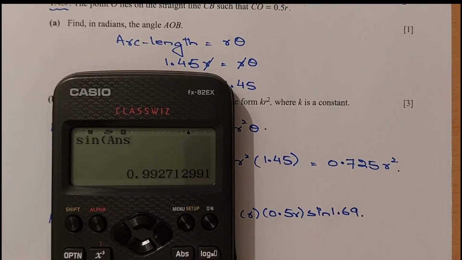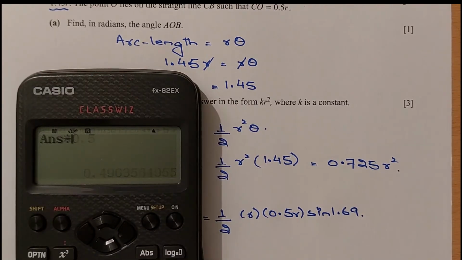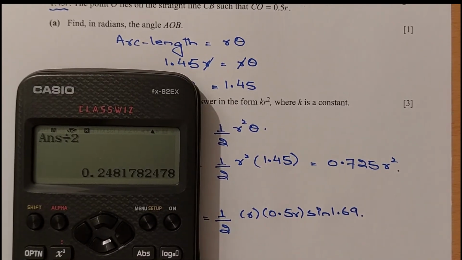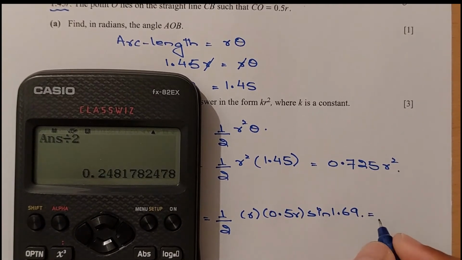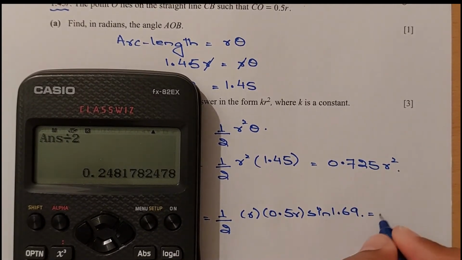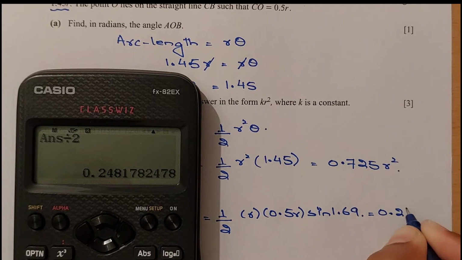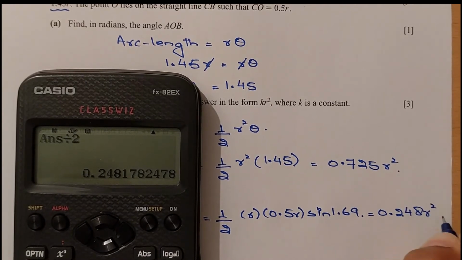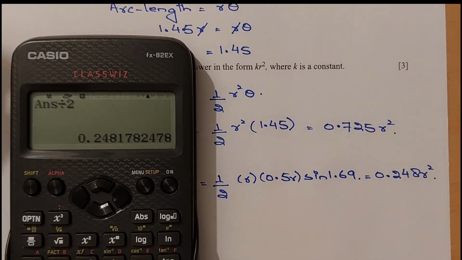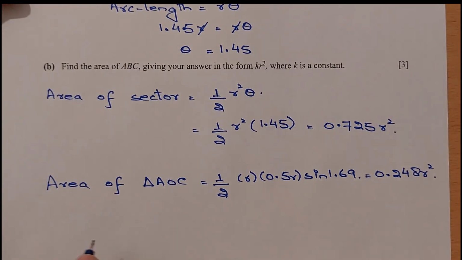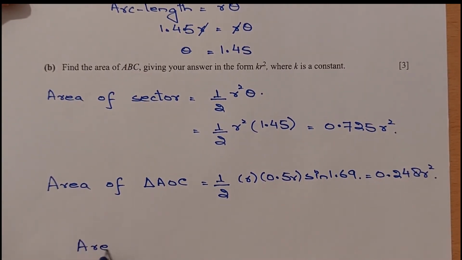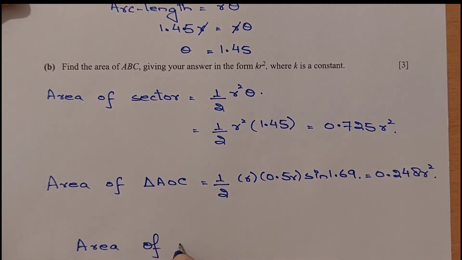Sine of the answer times 0.5 and then divided by 2 equals this times r squared. So up to 3 decimal places, 0.248 r squared. Okay, so the total area of the shape ABC is a sum of these two areas, right?